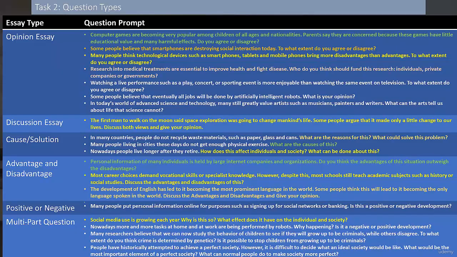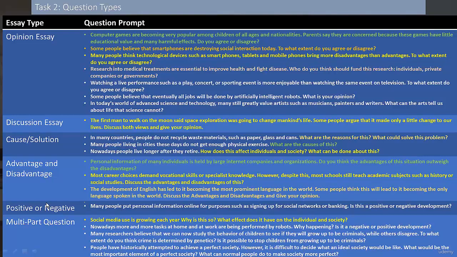Your cause and problem are different. So if the question is asking for problems and solutions, and you write an essay giving causes and solutions, guess what? You just messed up your task achievement score dramatically. You also have an advantage or disadvantage question, and you have positive or negative, and then you have multi-part questions.